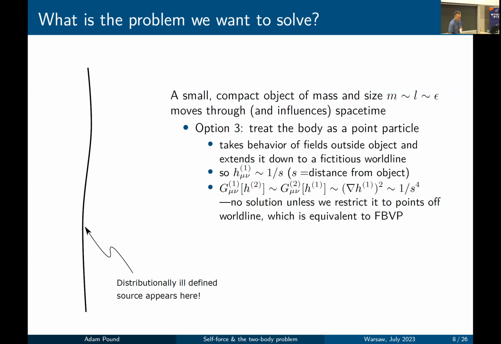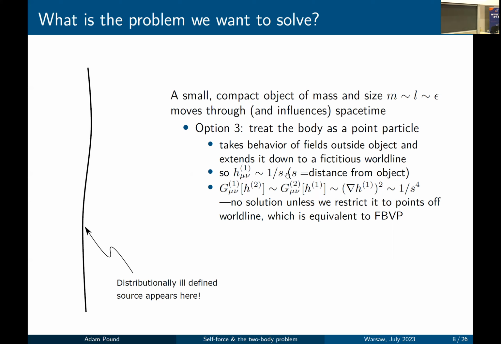So let's say we tried to do that. The leading order metric perturbation, H1, is basically like a Coulomb field in the vicinity of the small particle or the small mass. So it's behaving like 1 over distance from the body. So if we take that 1 over distance, throw away the body, and just extend the 1 over distance all the way to some representative world line at 0 distance, we get a 1 over distance divergence.